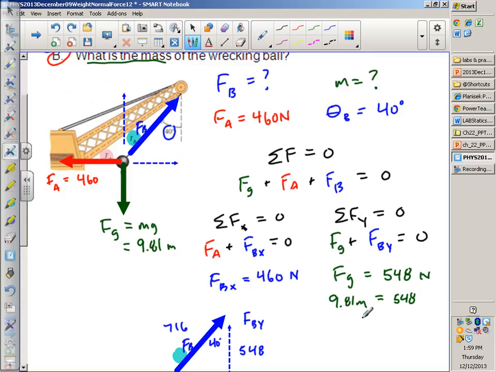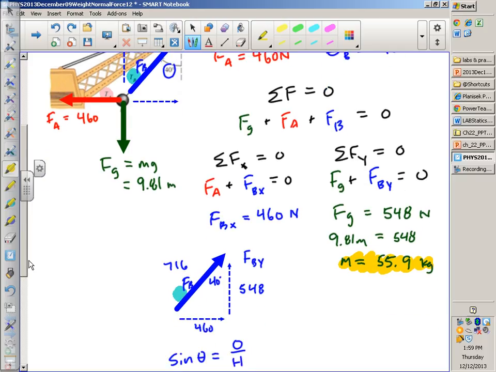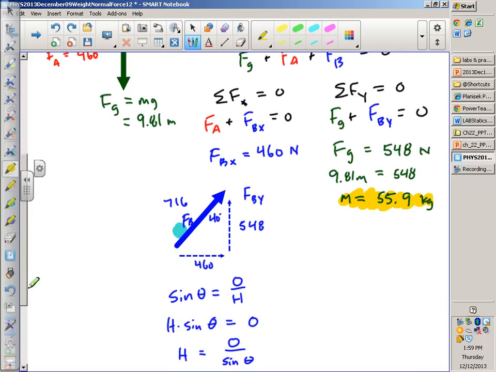Because if we didn't, we'd get a negative mass, and we can't have that. And then, if I remember correctly, it's 55.9. Yeah. And then that would be kilograms, because we're solving for the mass, not a force. Good there.